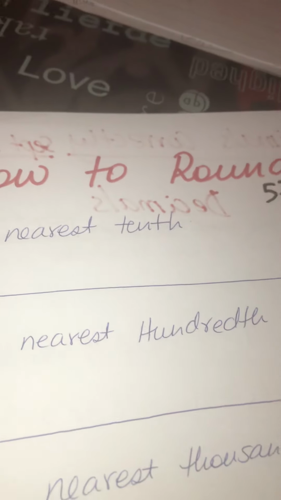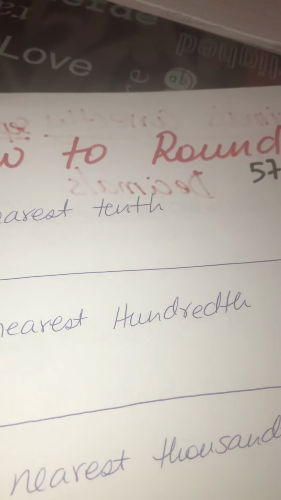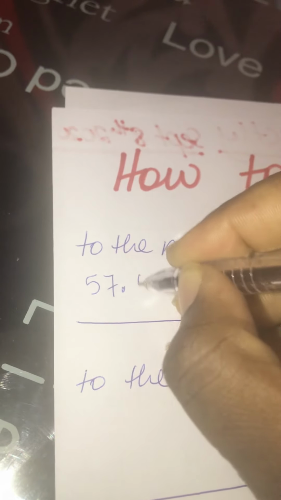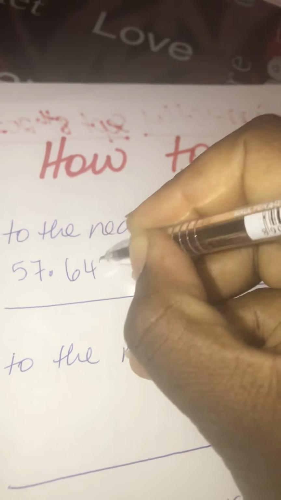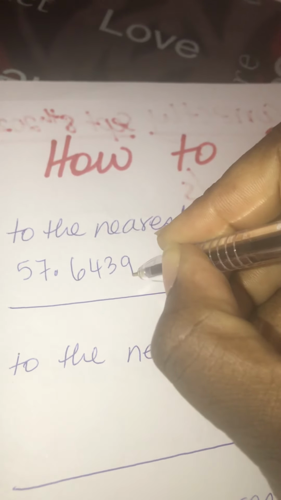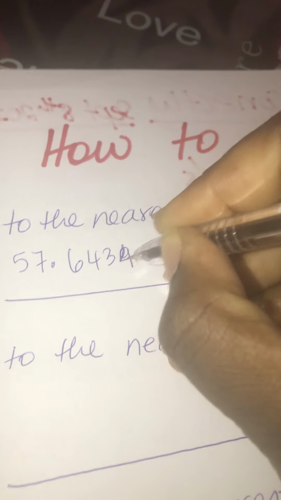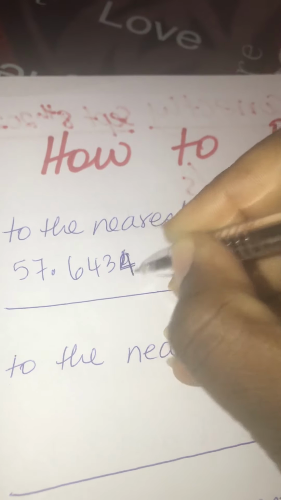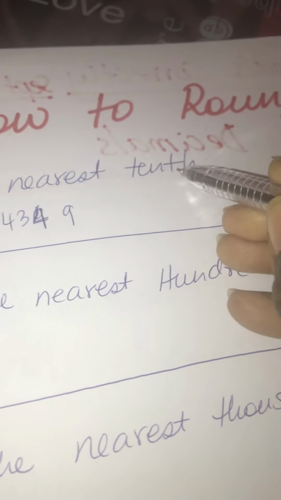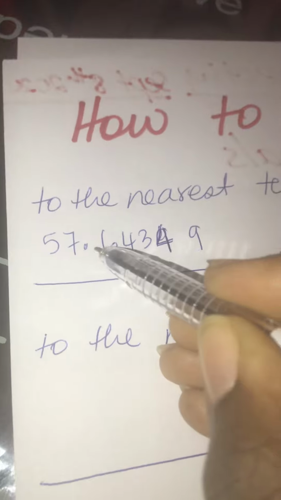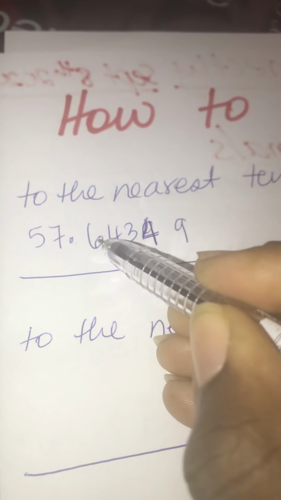So I will write it over here. So I will write 57 and 6, 4349. To the nearest tenth, tenth is the first place after the decimal.